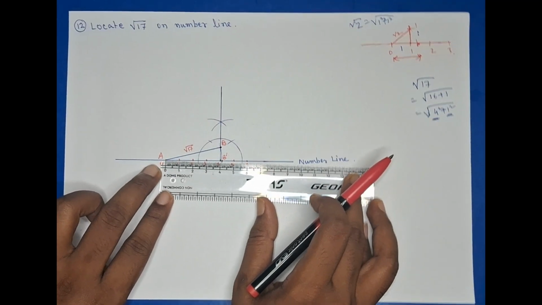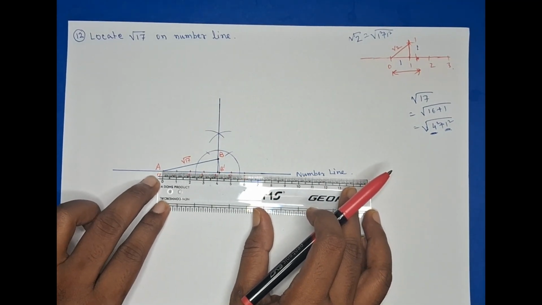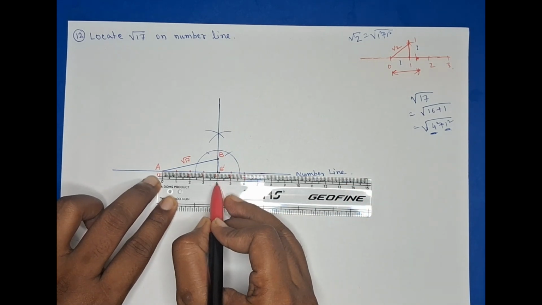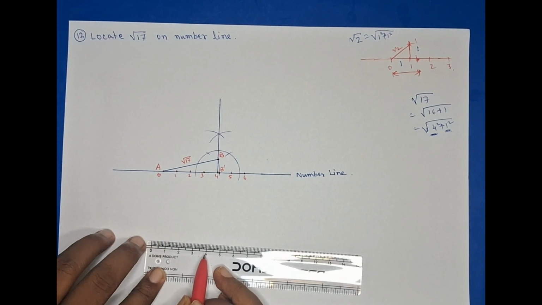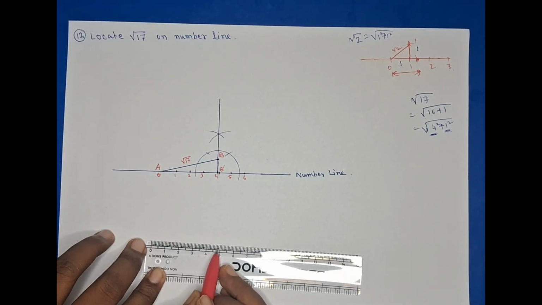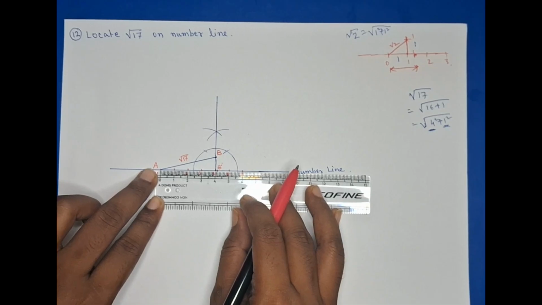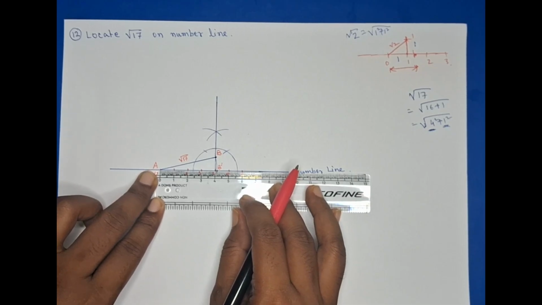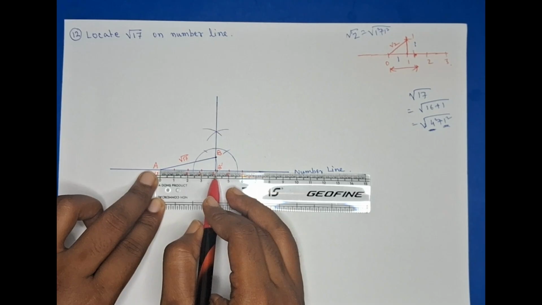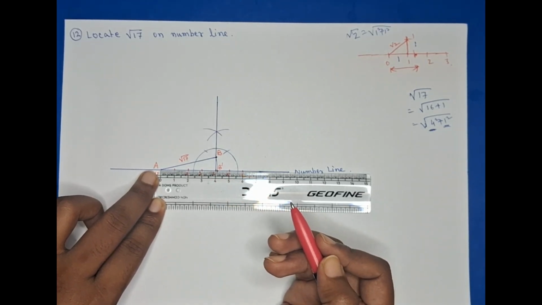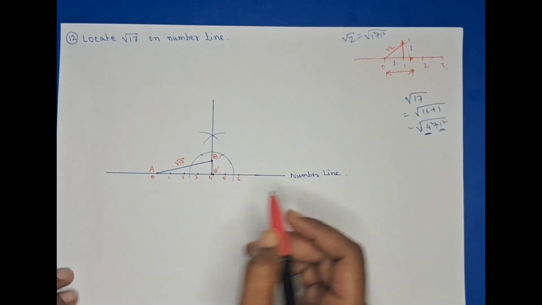And let us see what it comes to if we check. Between 4 and 5 there are 10 divisions, so it comes nearly to the first division, just past that first division. So maybe 4.1 or in between 4.1 and 4.2 or maybe 4.11.